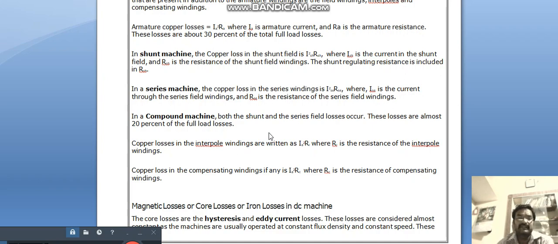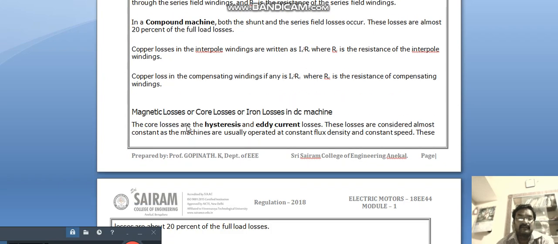Next one, magnetic loss or core loss, or iron losses in DC machine. The core losses are the hysteresis loss and eddy current loss. These losses are considered almost constant as the machines are usually operated at constant flux density and constant speed.